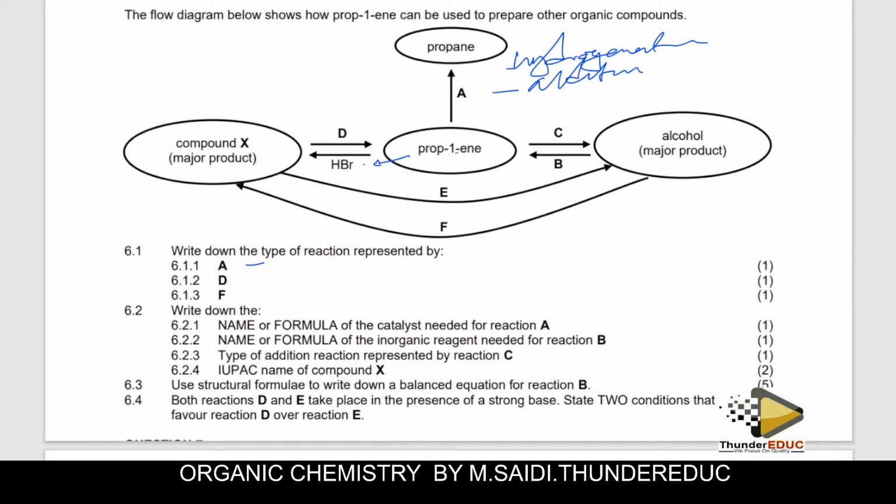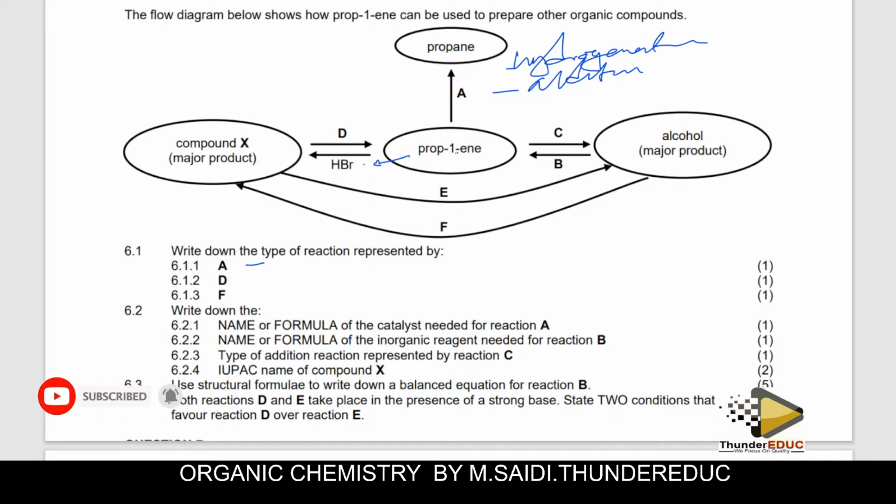Markovnikov rule shows that when you have an unsymmetrical compound and you want to add a hydrogen halide, like hydrogen bromide or hydrochloric acid, the carbon atom with the fewer number of hydrogens will take the bromine, and the carbon atom with the more number of hydrogens will take the hydrogen.